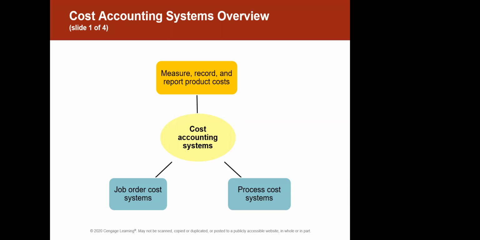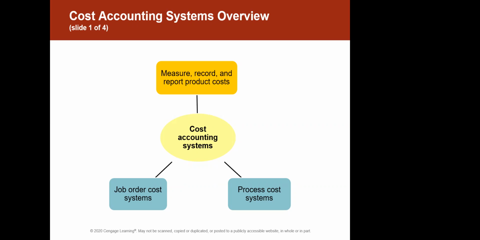As opposed to companies that make a whole bunch of the same stuff, like let's say a Coca-Cola bottling company, where they're making huge numbers of bottles and filling them with the same mixture of syrup and carbonated water and then putting a lid on it. It doesn't make sense for them to try to separate that into separate jobs. It makes more sense for them to track their costs by each of the processes.